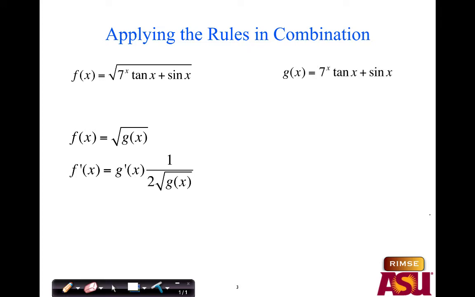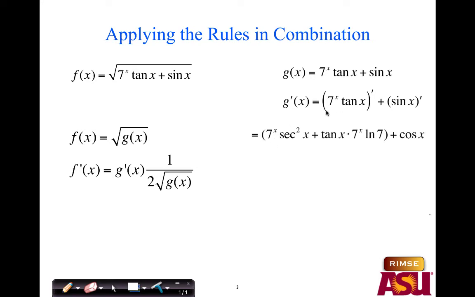And the first term is a product, which means I'm going to have to use product rule, but then there's just a sum. Finding the derivative of sine of x is easy enough. I'm just finding the derivative of both halves of the sum. For the first half, I use product rule.